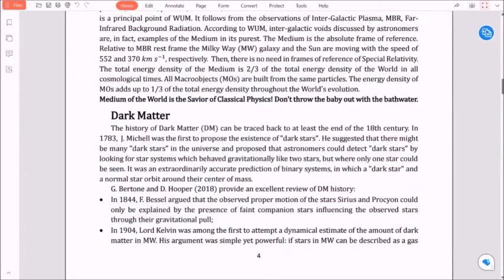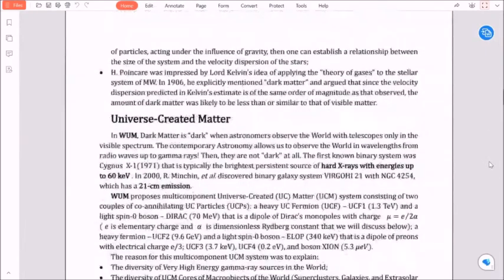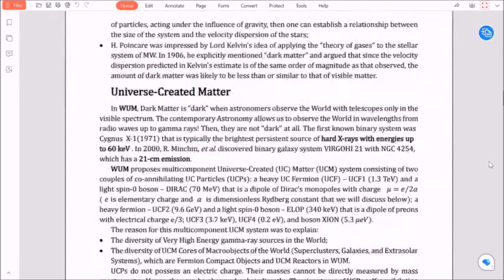His argument was simple yet powerful. If stars in the Milky Way can be described as a gas of particles acting under the influence of gravity, then one can establish a relationship between the size of the system and the velocity dispersion of the stars.